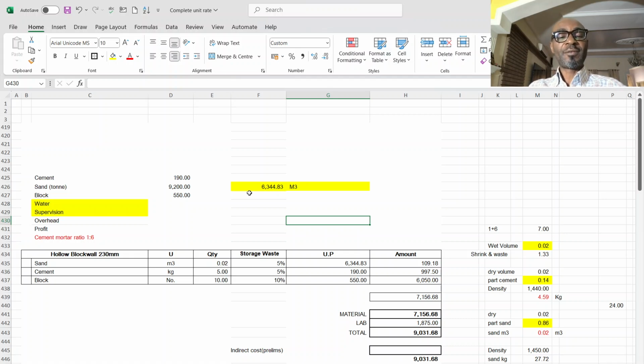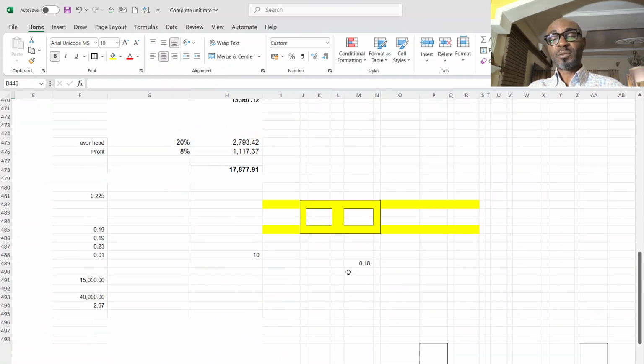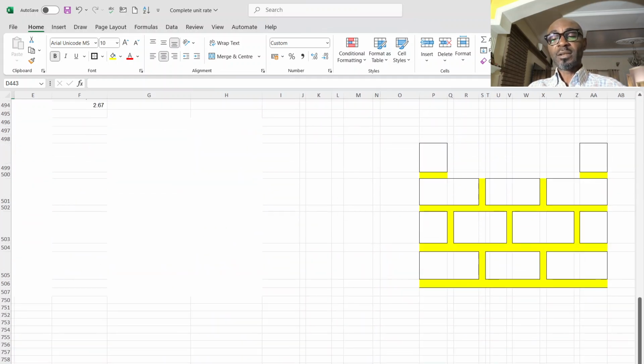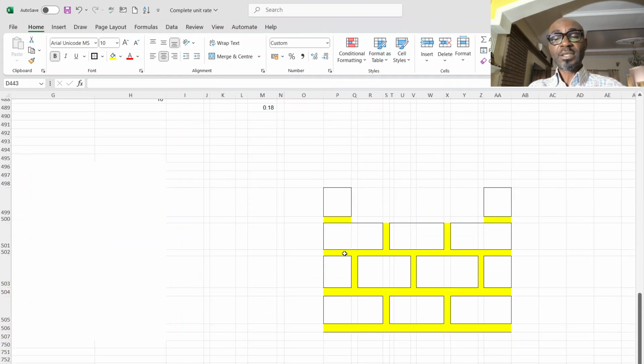Having said that, the first step is to get the volume of mortar you need to lay the block with. First of all, you understand the principle of how blocks are laid on site. As you can see, there are 10 blocks in this area, which makes up a square meter.